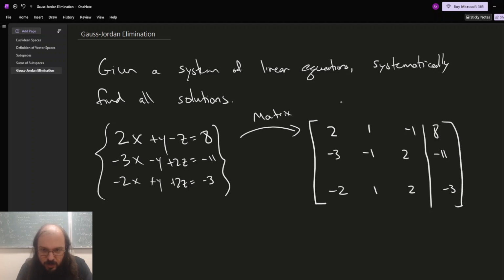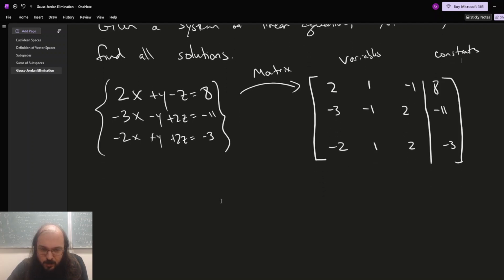So over here on the left side, we have the variables. And over here, we have the constants. And it will turn out, after we have gotten through more of chapter 2, you will understand why I'm doing this, what the magic is that justifies this change of notation. But for our purposes, this is the most convenient way of dealing with a system of equations.